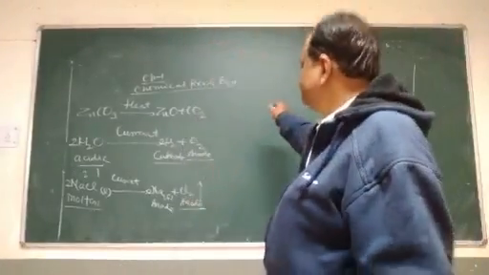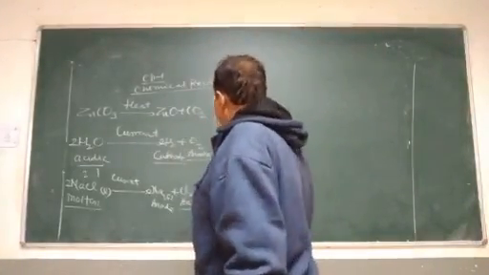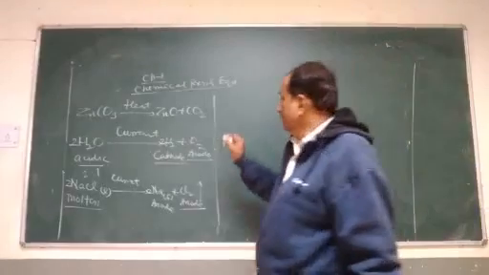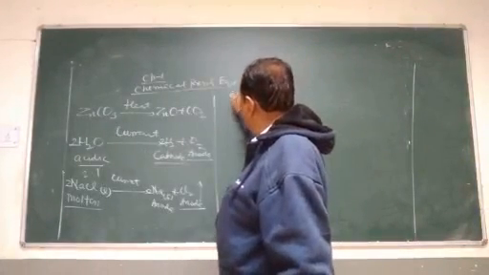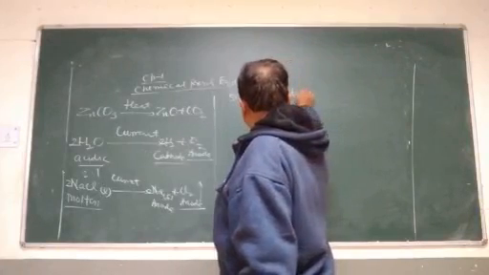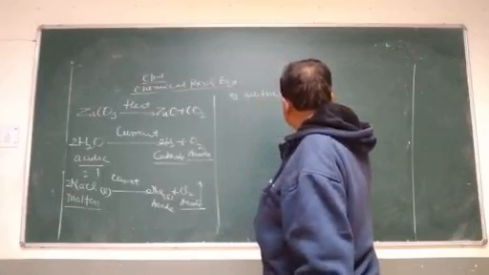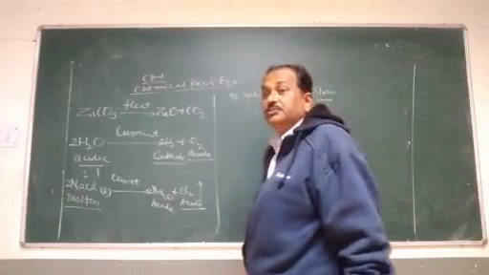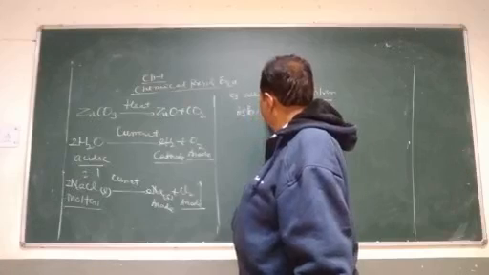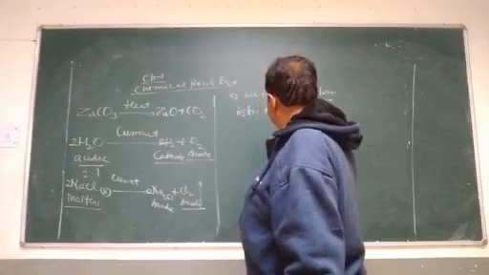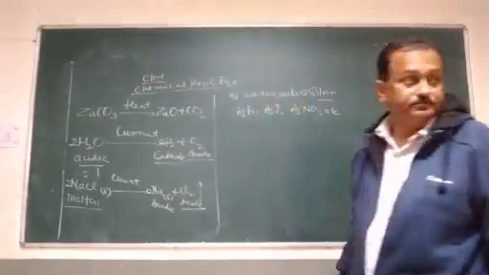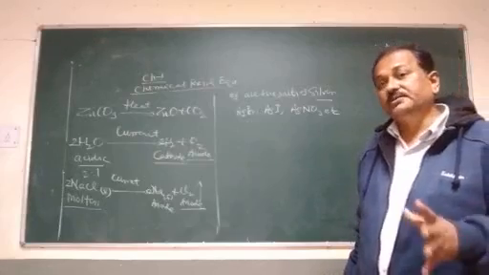Now coming to next, photochemical reactions. Photochemical reactions are those reactions which take place in presence of sunlight. For example, all the salts of silver, they are sensitive to light, like silver bromide, silver iodide, silver nitrate, etc. All decompose in presence of sunlight.